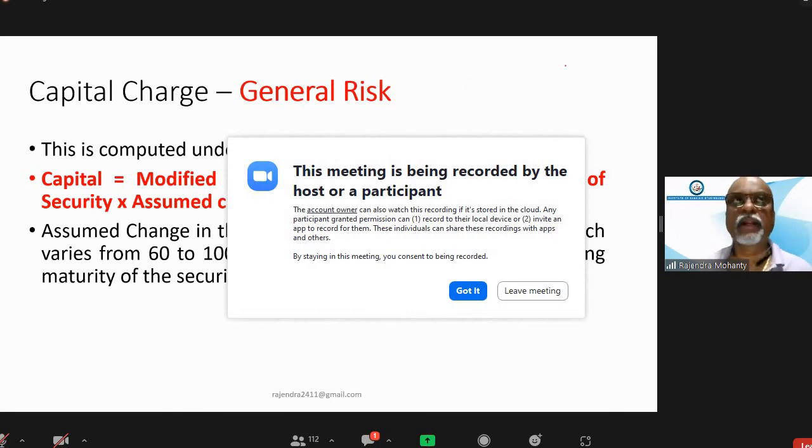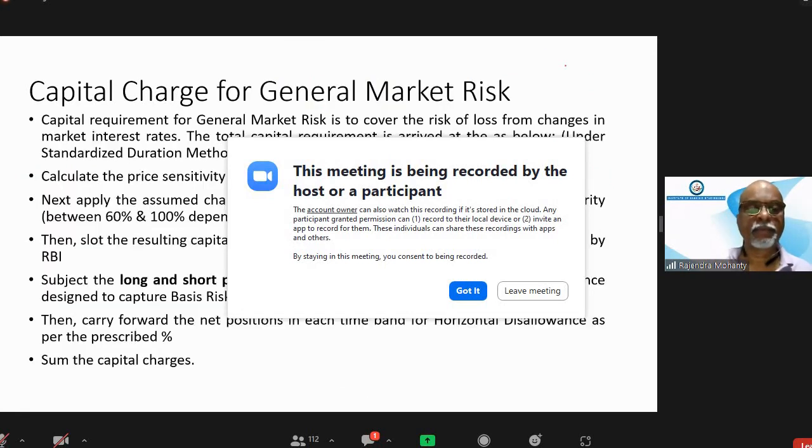So I'll go ahead with the description. Now, what is the process? How is this process to be done? The total capital requirement is arrived at as below, under the standardized duration method. First we have to find the modified duration, as I told you.